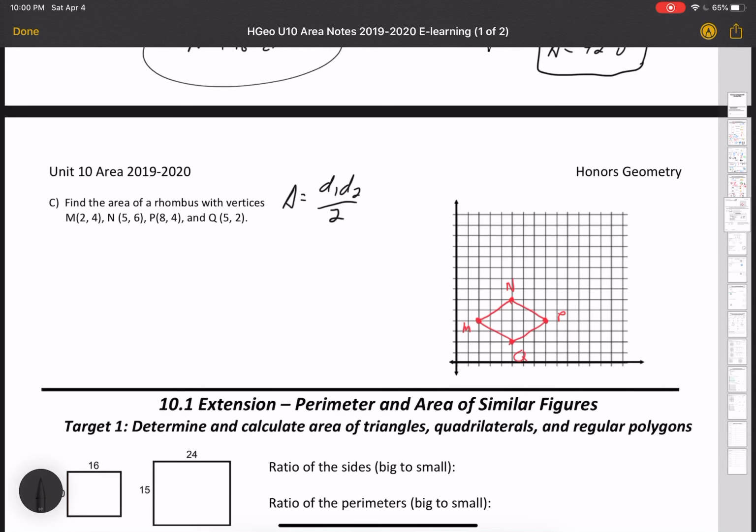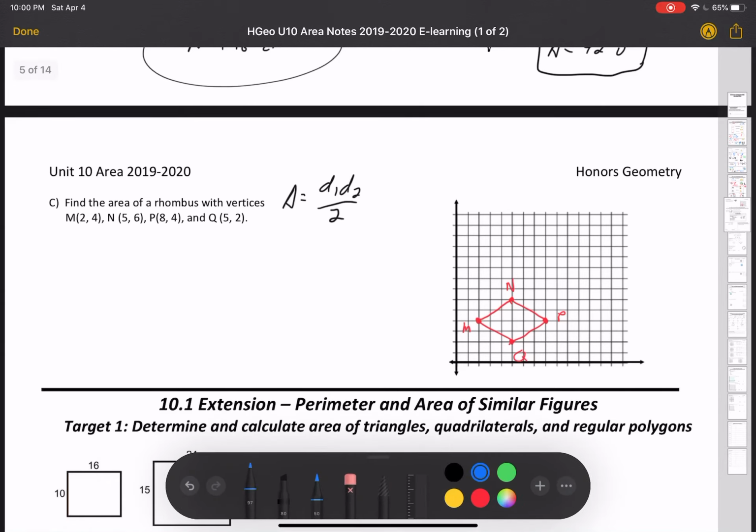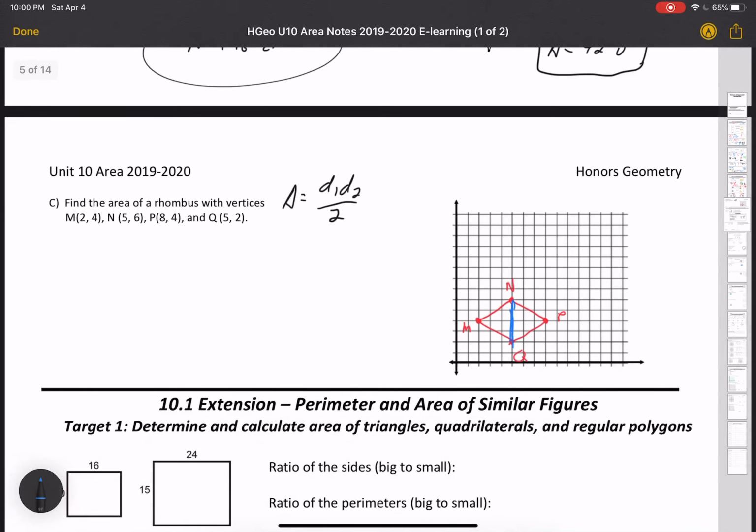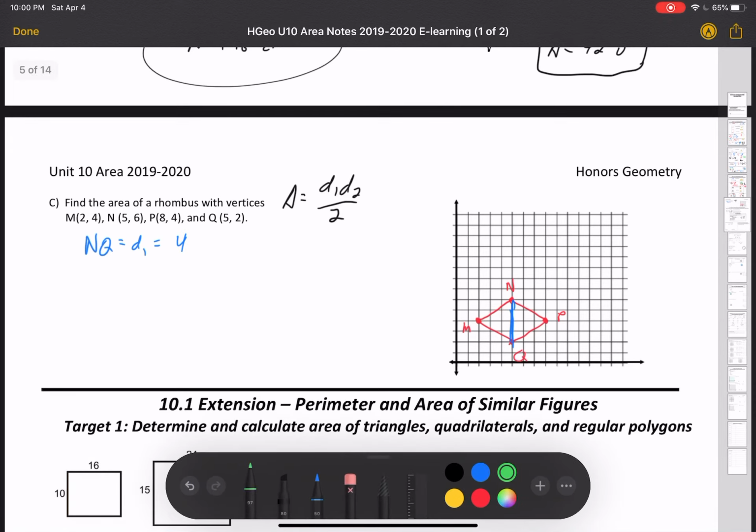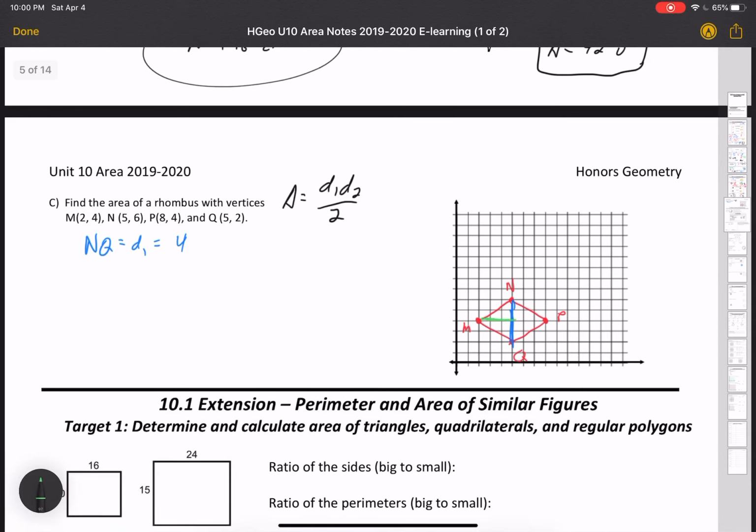So NQ, that's going to be diagonal 1. And if I just count, this is actually a little easier. I don't need to use Pythagorean theorem to find the lengths of the diagonals. All I need to do is count because it's a vertical line. 1, 2, 3, 4. It's 4 units. Okay? And we've got MP, which is a horizontal line.